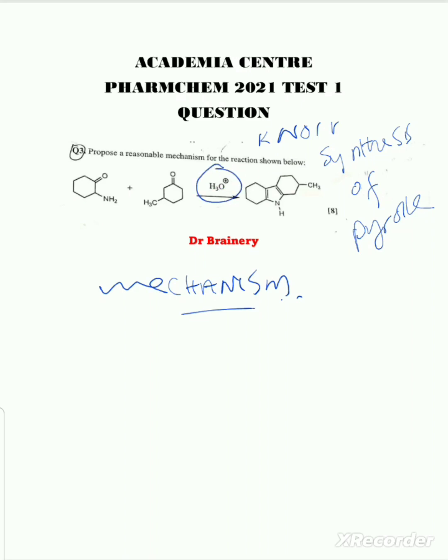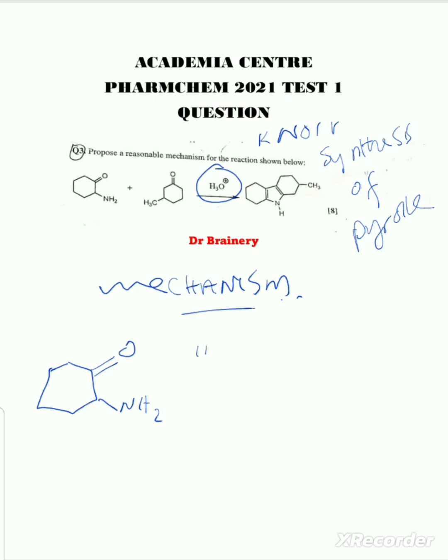So when you're having an acid catalyzed reaction, the first thing you're supposed to do is protonating the oxygen which is on the 2-aminocyclohexanol.